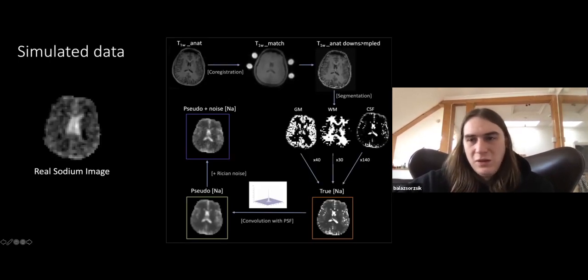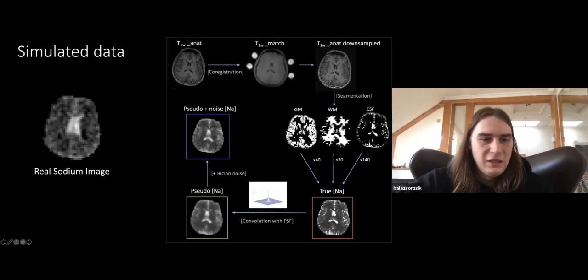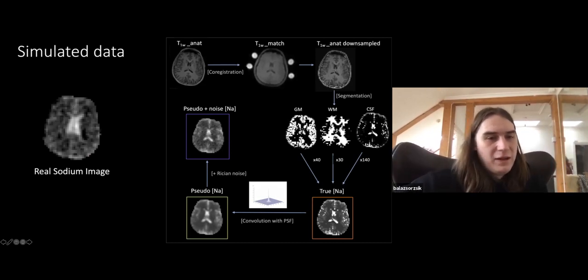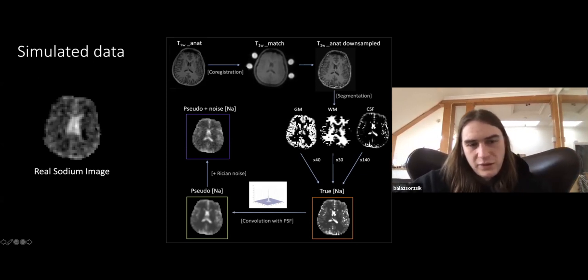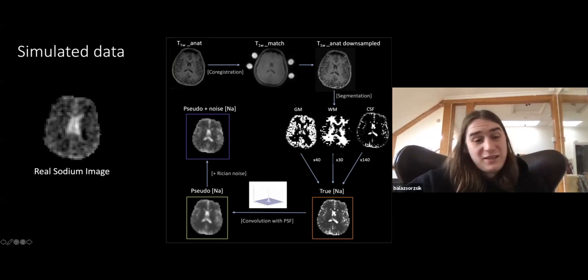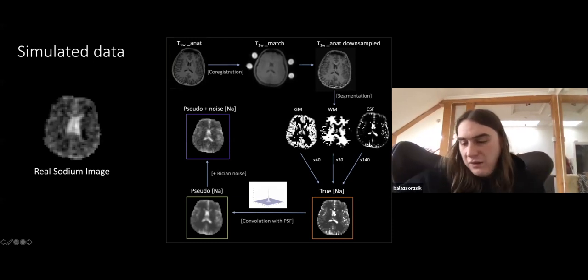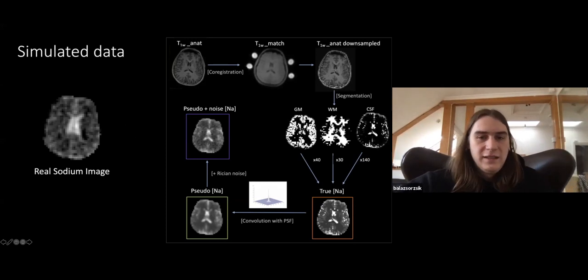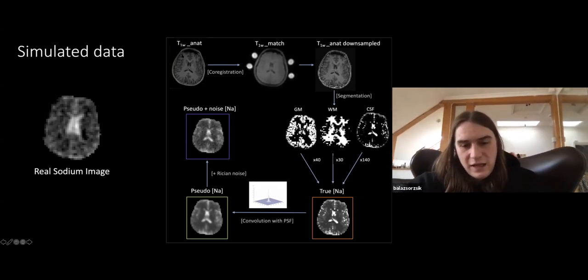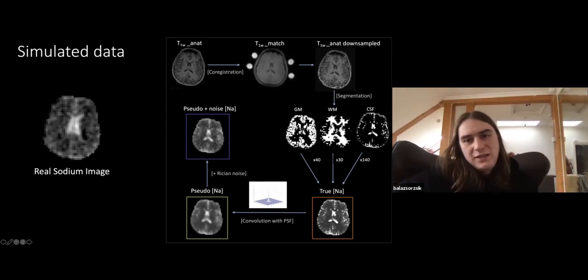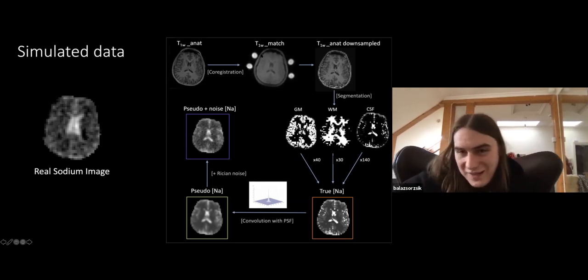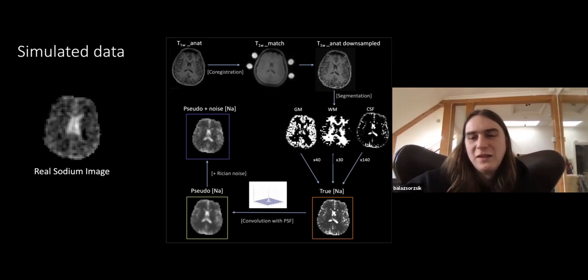So we wanted to test it in a more empiric way. So we decided to simulate our sodium data. Here you can see the real sodium image, and we wanted to get something like this. How we approached this is that we started with a high resolution T1 weighted image, which we co-registered to the T1 weighted image that we acquired with the sodium.